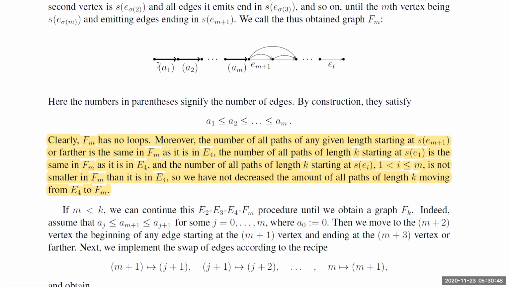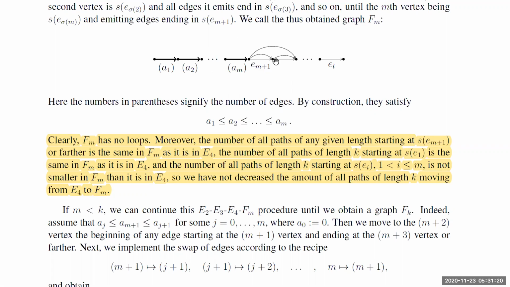Why? Because m is less or equal than k, any path of length k that starts at the first vertex must involve edges in between all pairs of consecutive vertices. Right? We cannot skip any step. When you go by a path from the first vertex, and the path is of length k, and m is at most k, then you are taking a path which goes along these lines.